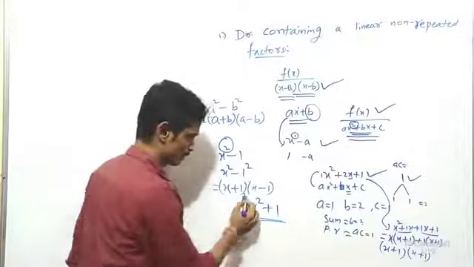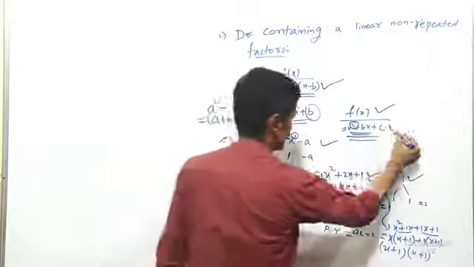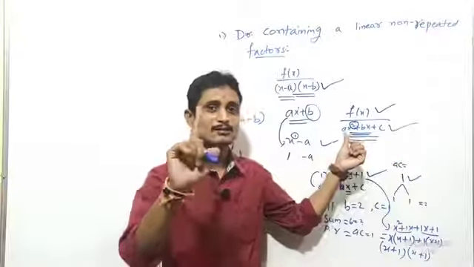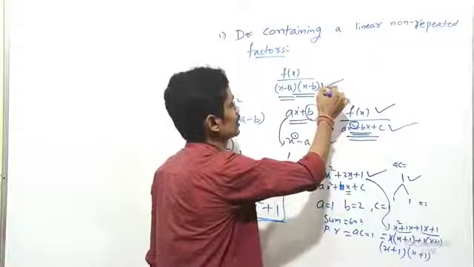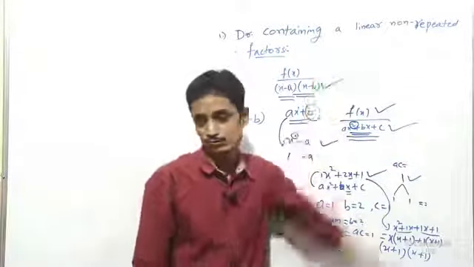This type has some other rules. Whenever you get a quadratic polynomial in the denominator, case number 1 is just arranging it in factor form. After that, what we will do, I will tell you next.